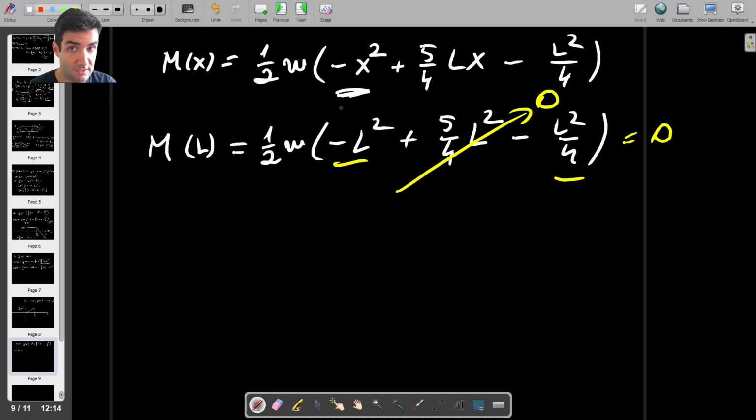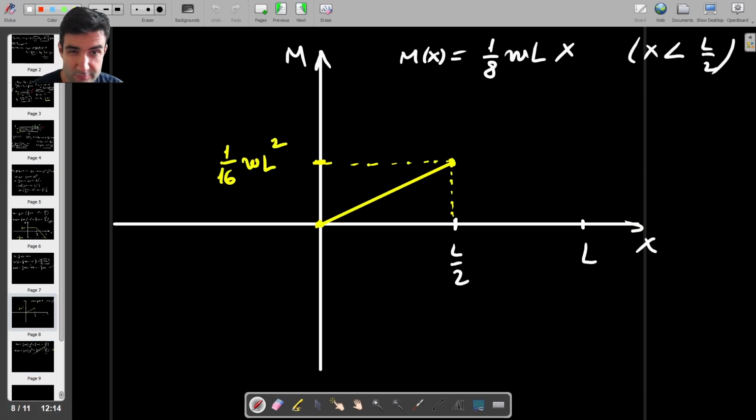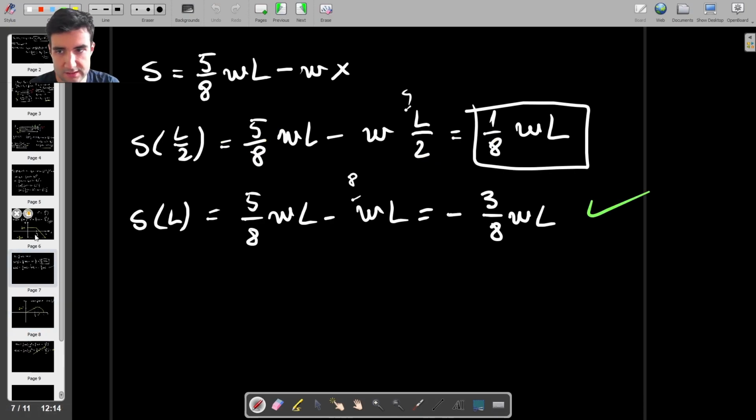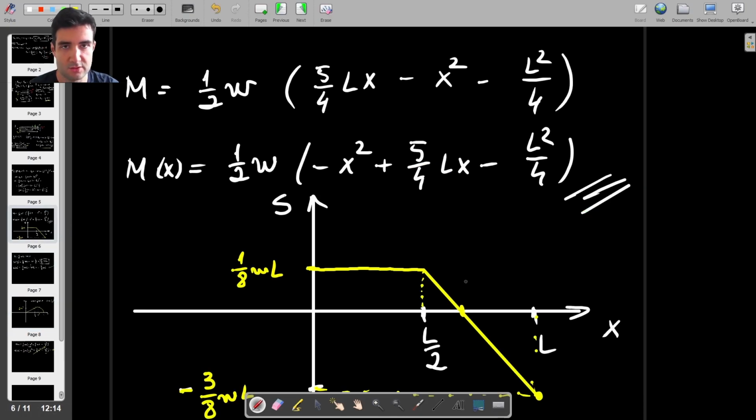Also, the fact that this is minus x squared means that this is going to be a negative parabola. I'm not going to bother to find the exact shape of it, but you're going to have something like this. We have a peak somewhere there, and actually the peak will correspond to this point, which I'm going to call x star, and at x star we have 0 shear force.